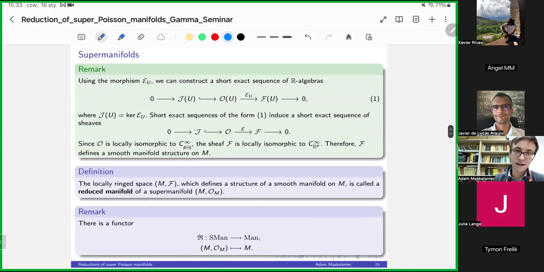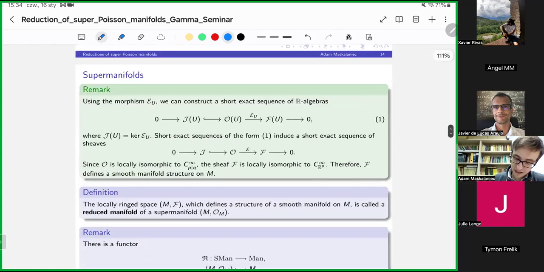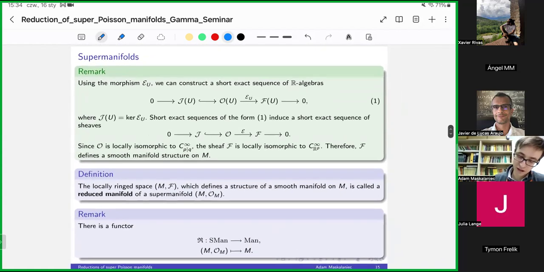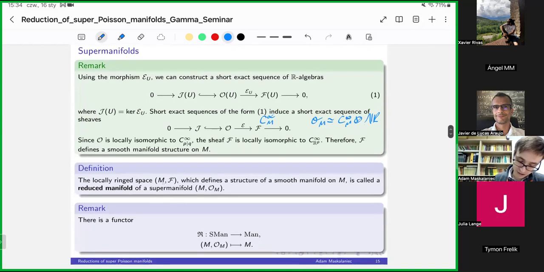Then we may proceed with this construction on any open subset and obtain a short exact sequence of sheaves. And then, by local triviality of our supermanifolds, which locally look like C infinity of M times the Grassmann algebra, this F is locally isomorphic to C infinity of M. So if we are given any supermanifold with a topological space M, then we may endow it canonically with the structure of a smooth manifold that we already recovered.